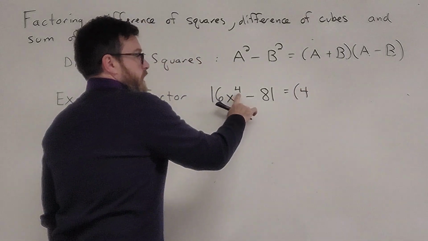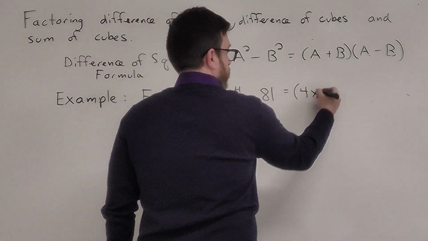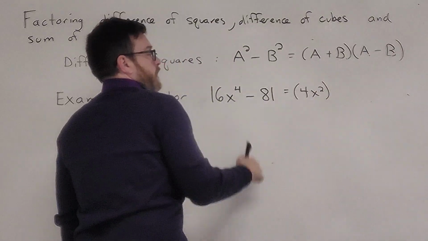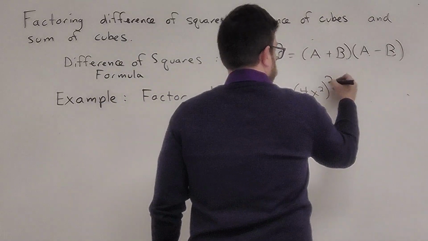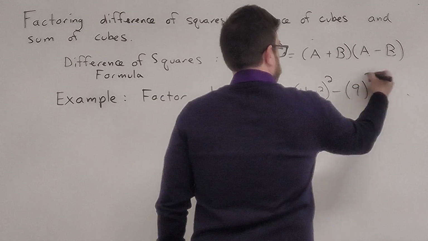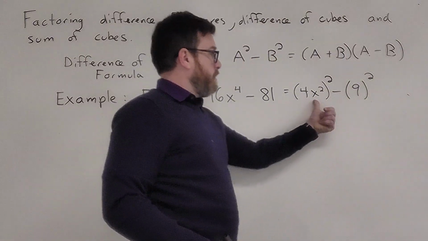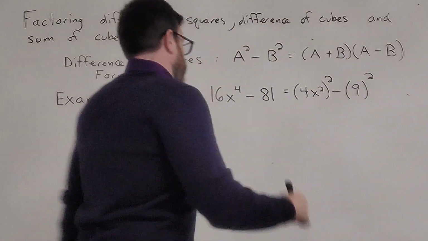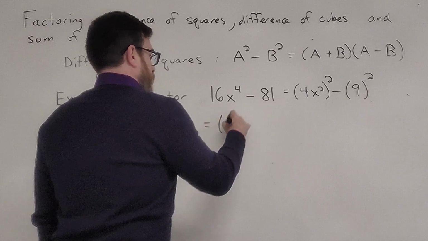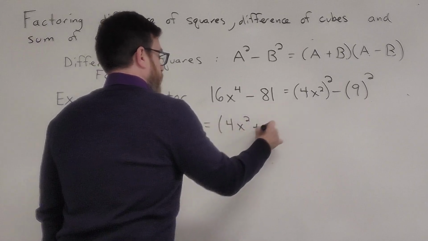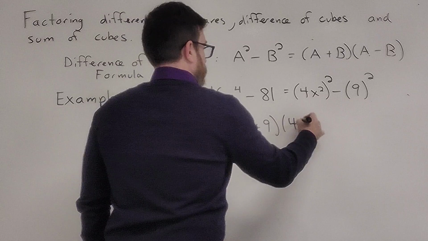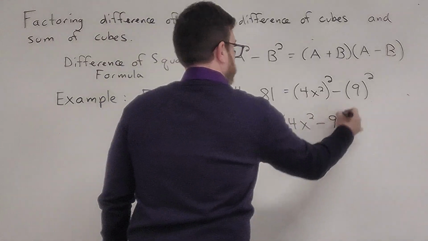Whatever squared gives us a 4th power is going to be an x squared. And then 81 is 9 squared. So this is going to be our a and this is going to be our b. So this thing is going to factor to 4x squared plus 9 times 4x squared minus 9.